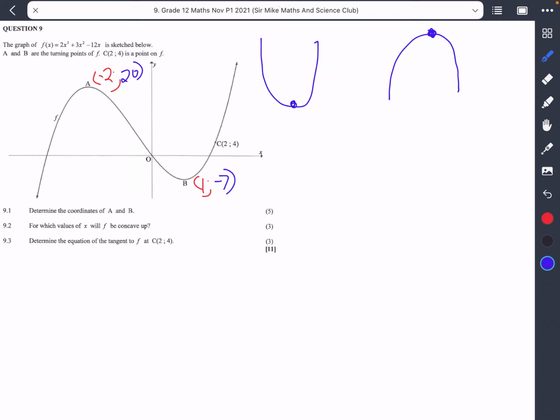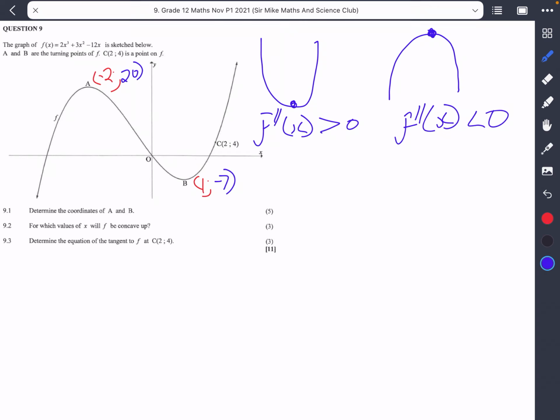To find the x values for which your graph is concave up, you would take the second derivative of f of x, and it would be greater than 0. When it is concave down, your second derivative would be less than 0.